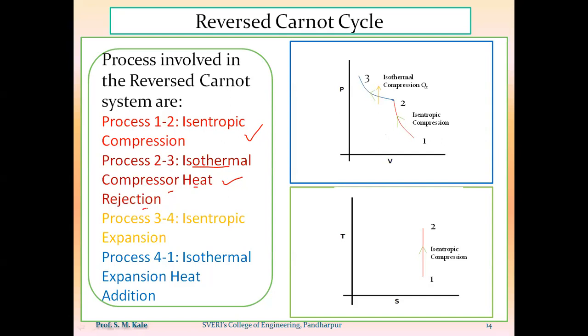By looking at the effect of this process on the four parameters, pressure, volume, temperature and entropy, we can draw the isothermal compression heat rejection process in this way.